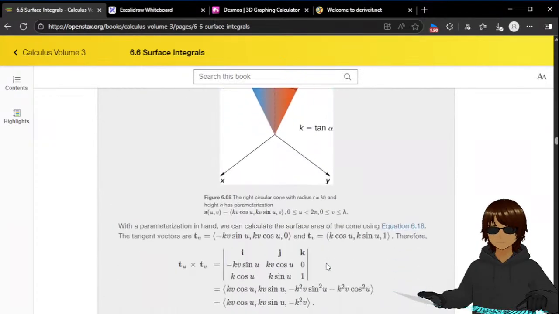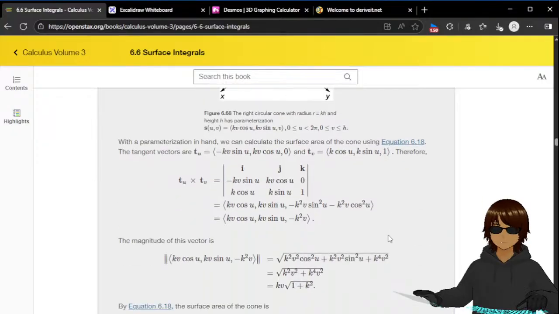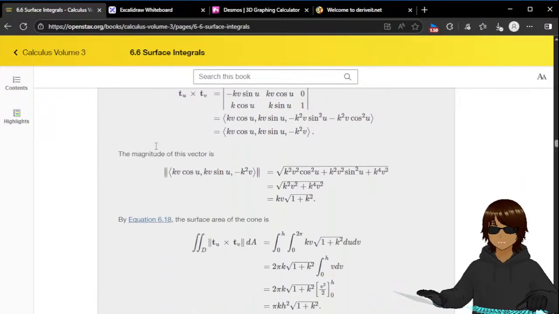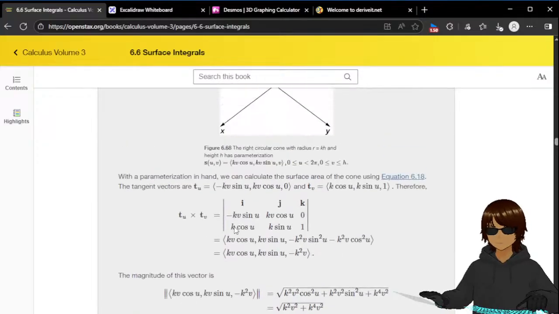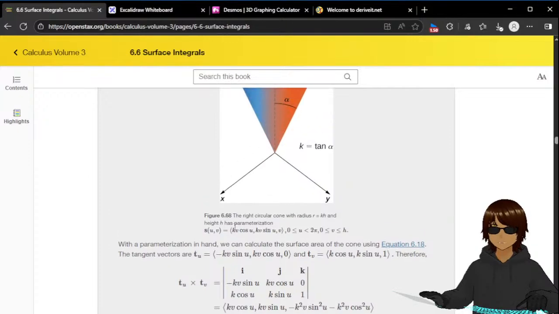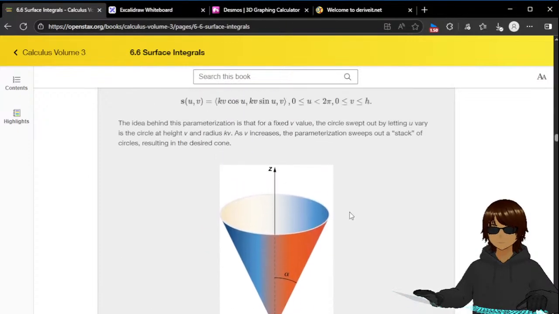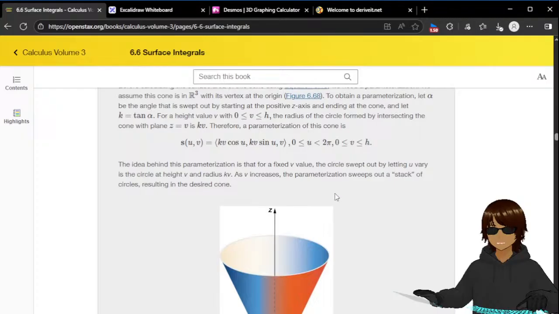But why are they doing 0 to 1? That I don't understand. The magnitude of this vector is, you get this. By equation 6.18, the surface area of the cone is, wait, I still don't understand why it's 0 to 1. U varies from 0 to 2 pi.